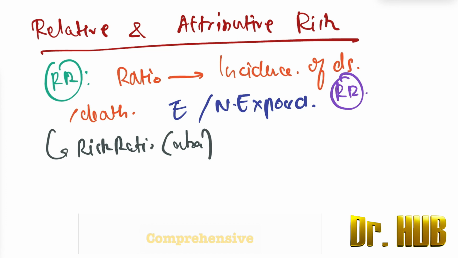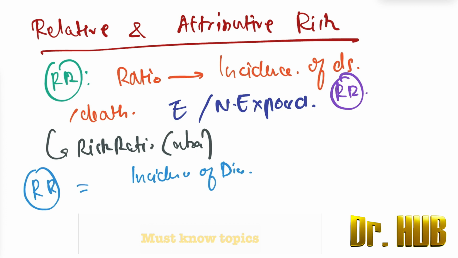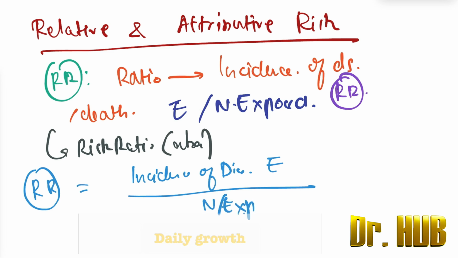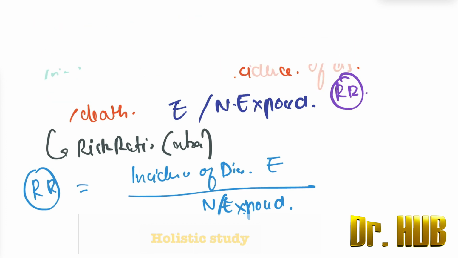So let's write it as a formula. Relative risk is equal to the incidence of disease among the exposed to that of the incidence among the non-exposed. This is the formula. So what information do we gather from this?